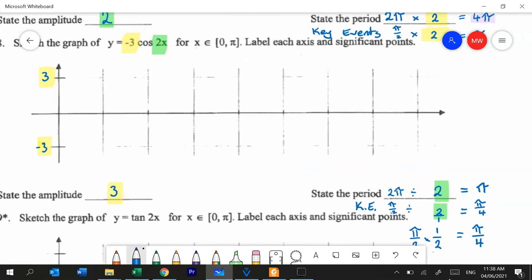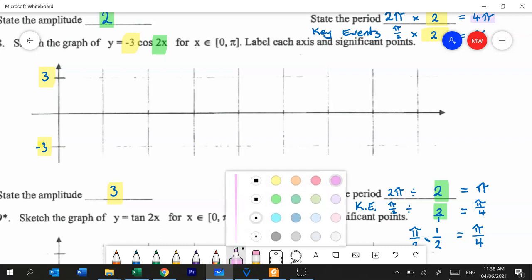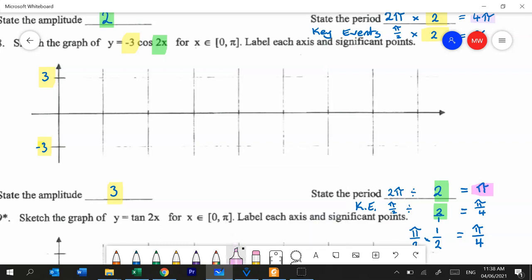All right, so coming back up here, we've got to start to plot this. If I have got a period occurring over pi, so I'm reading that from here, and I glance back up here at what they want, they only want it plotted from 0 to pi, so this time I only need to show one wave. Ordinarily, remember with a cos wave, it would look like this.